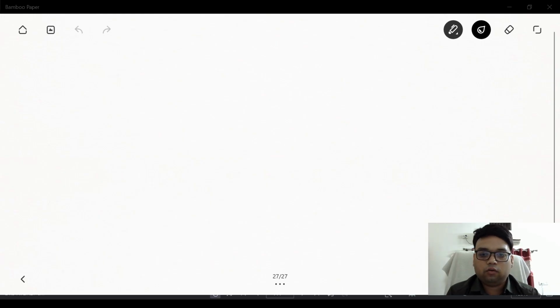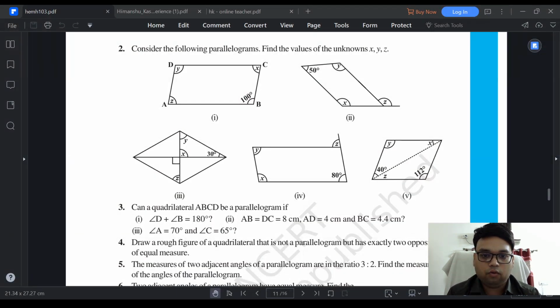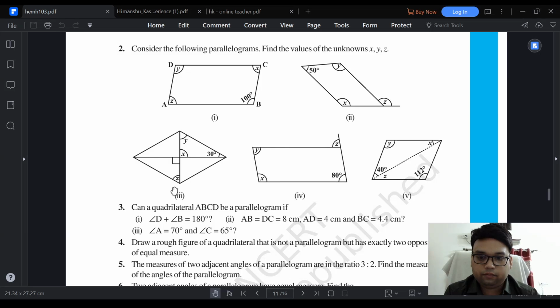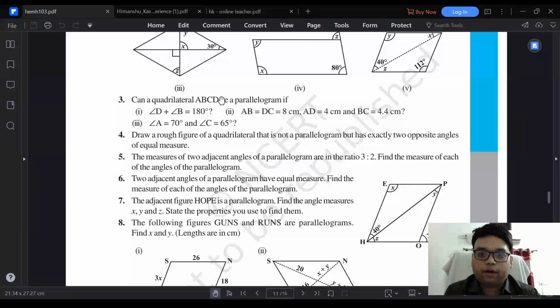Now going to question number 3: can quadrilateral ABCD be a parallelogram if angle D plus angle B is equal to 180 degrees, AB equal to DC equal to 8, AD equal to 4 and BC equal to 4.4, and angle A and angle C are unequal?